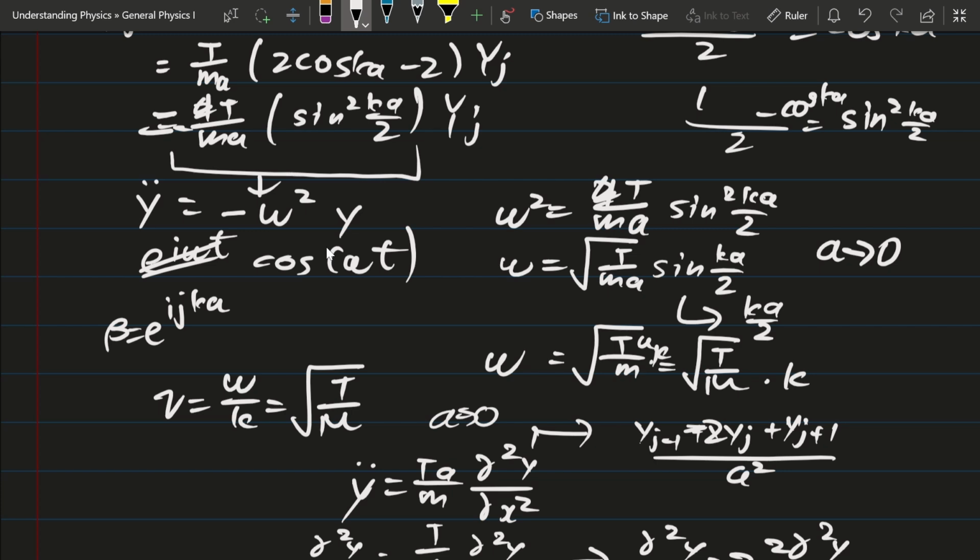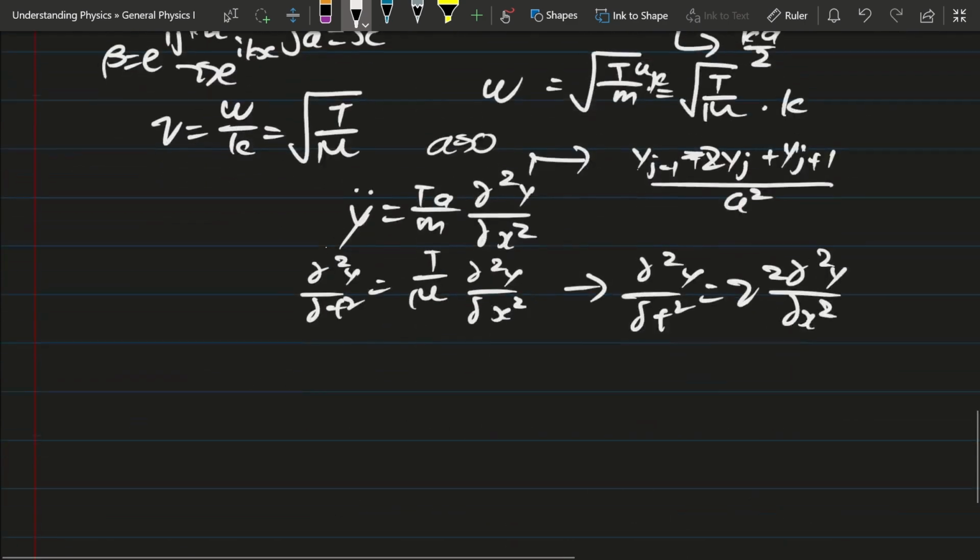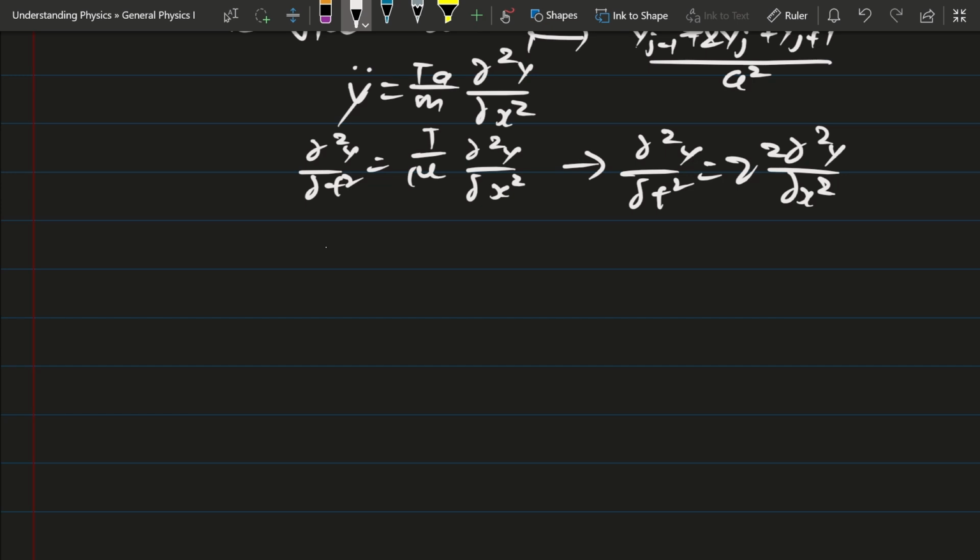And the j here tells us about the index. So we know that j times a will later be the position. So this will later transform into e to the power of i kx, which will tell you about the wave number straight away by only looking at the equation. So that's about the wave on a string.